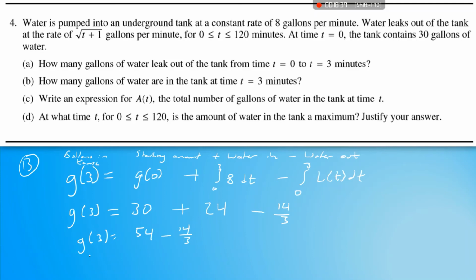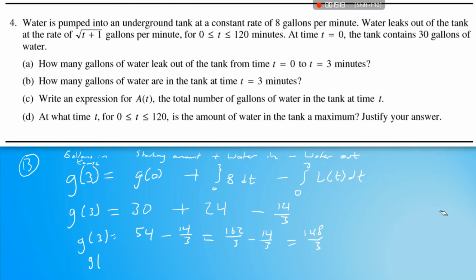Which is the same thing as 162/3 minus 14/3, or 148/3. Does that reduce? So this 3 would go into 14 4 times, give me 12, leaving 2, which is not divisible by 3.